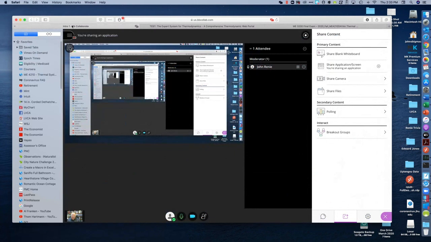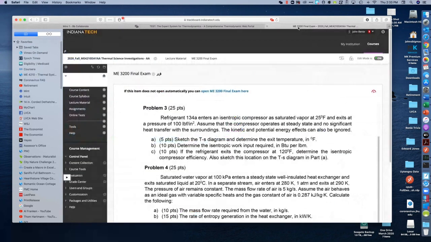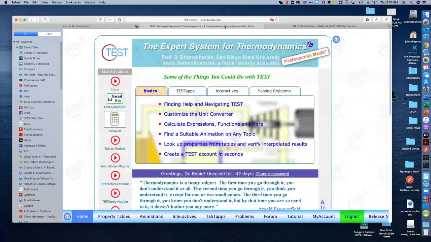And so this may be the way that I'll have to do problems, where I can look at the problem, talk about the problem, go into the test software, and solve the problem.